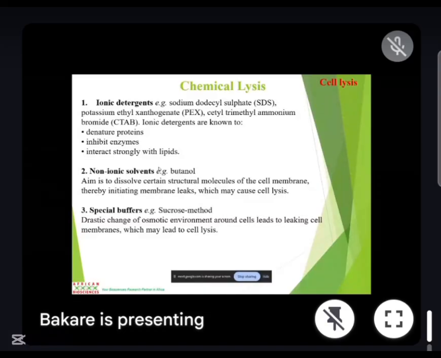The first one contains SDS, guanidine thiocyanate, guanidine HCl, and this will inhibit the enzymes, interact strongly with the lipids, and also denature the protein. Sorry. And we also have special buffers. That's part of the chemical lysis as well.